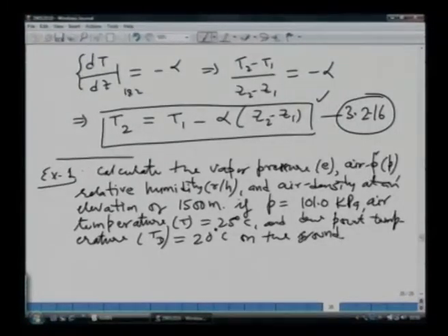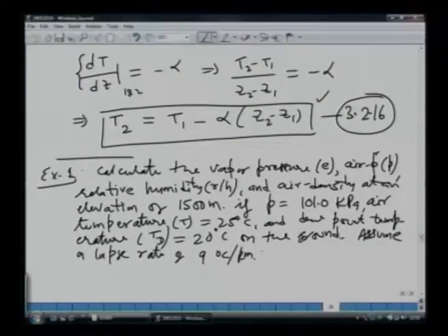Okay. You will obviously need some more data in this. So, the other things that are given is assume a lapse rate of 9 degrees per kilometer, all right, which is constant, and can be assumed the same for both T and T d. Okay. So, this is the assumption.